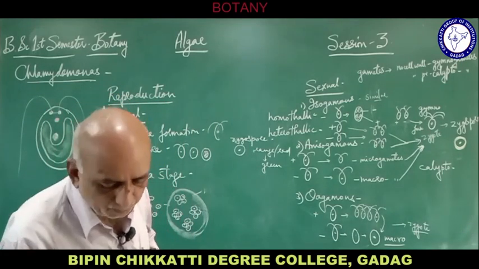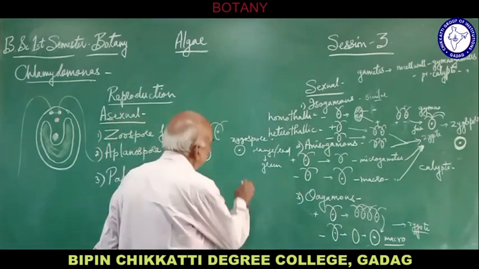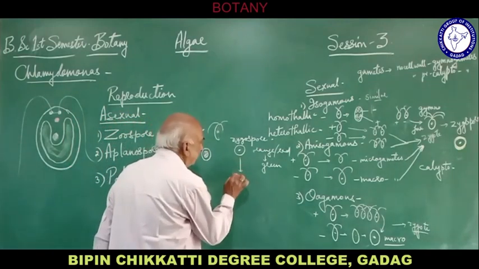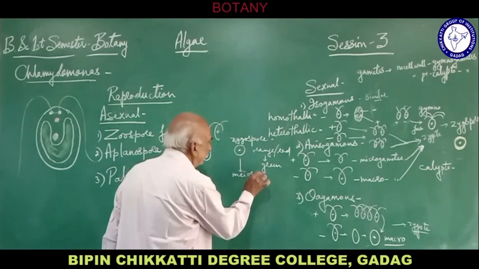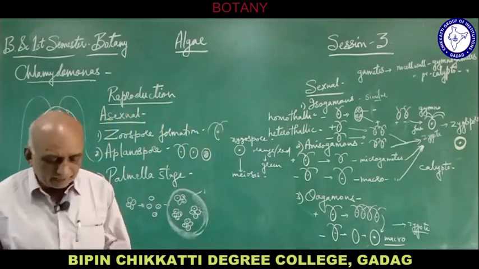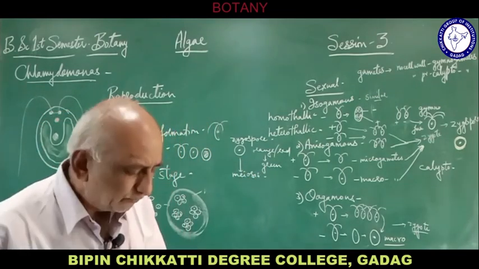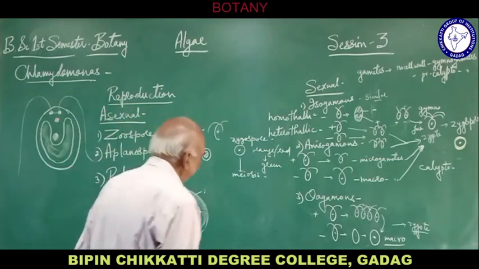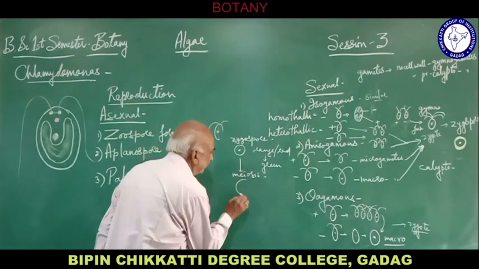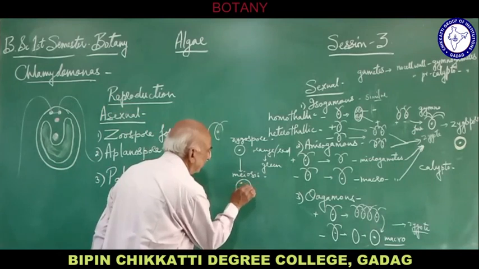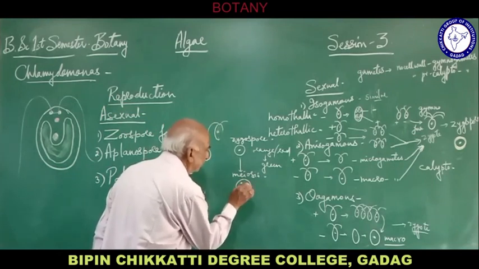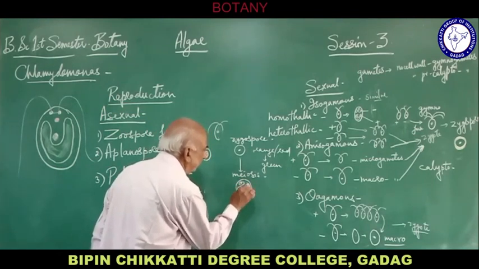and then the zygospore undergoes meiosis. So it undergoes meiosis to produce 4 nuclei. Now these 4 nuclei which are formed, suppose this is the cell, these are the 4 cells which are formed inside.